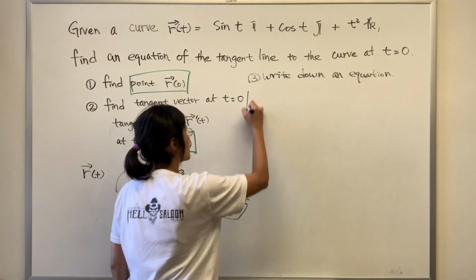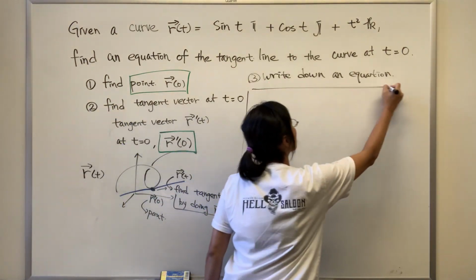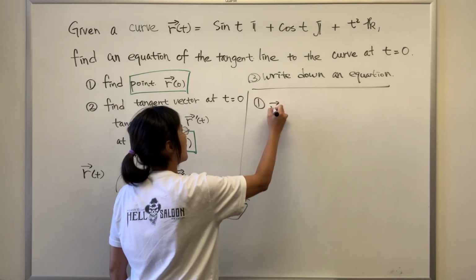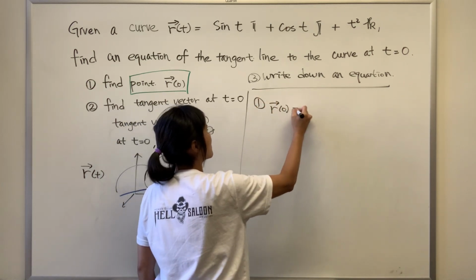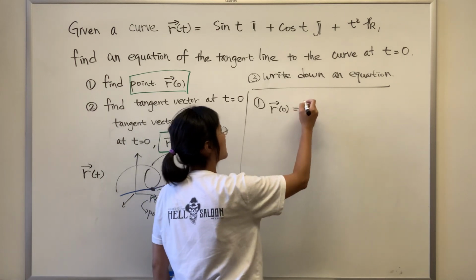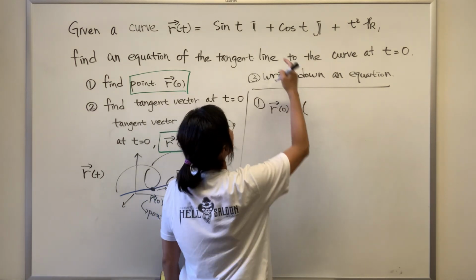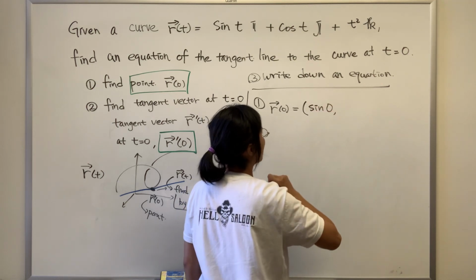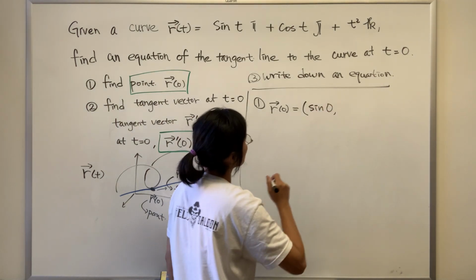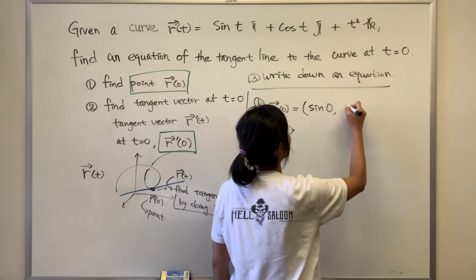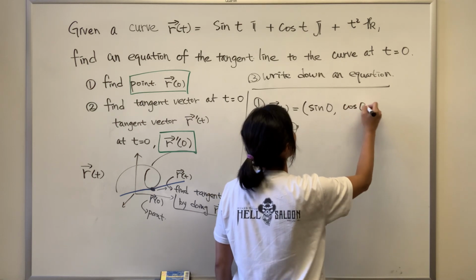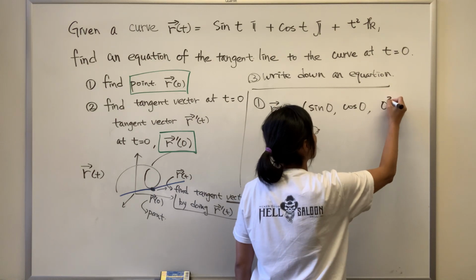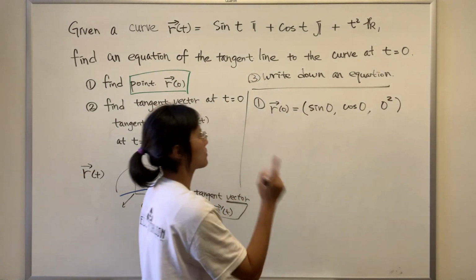All right. First, plug in r(0). The i vector gives you the x component, the j vector gives you the y component, and the k vector gives you the z component. So it's straightforward plugging in.